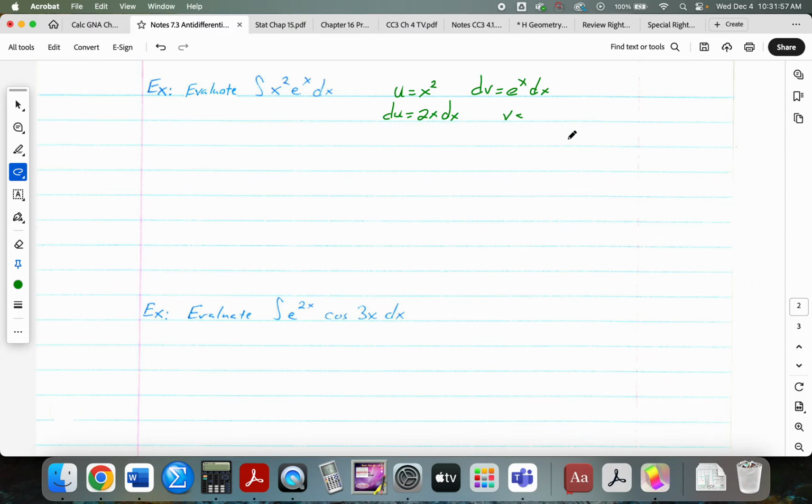And v is the antiderivative of e to the x, which is e to the x. So we apply the rule u times v, so that's x squared e to the x, minus the integral of v times du. So that's 2x e to the x dx.